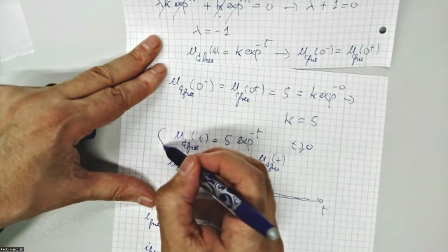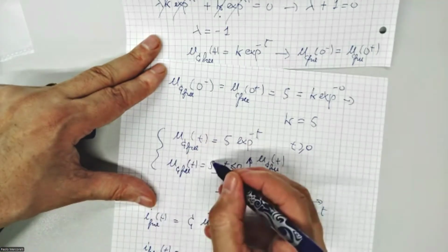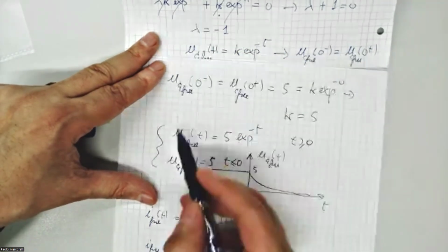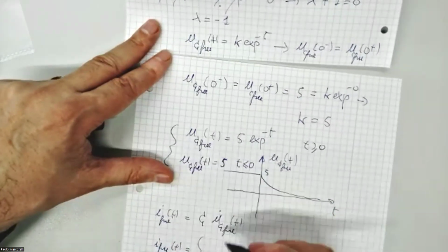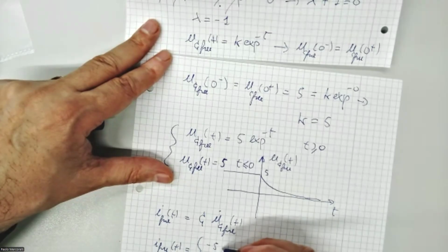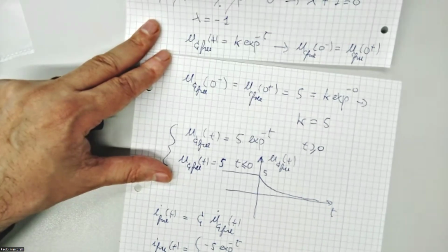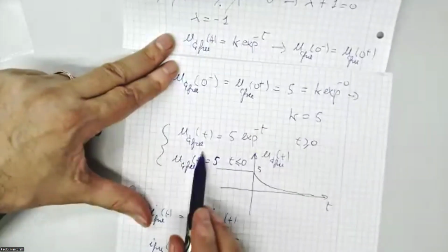Basically, this is the old solution. This means if I do the derivative of this expression in terms of current, the derivative of this is minus 5 exponential up to minus 2 and 0. I forgot to write it, but I told you basically which is here.